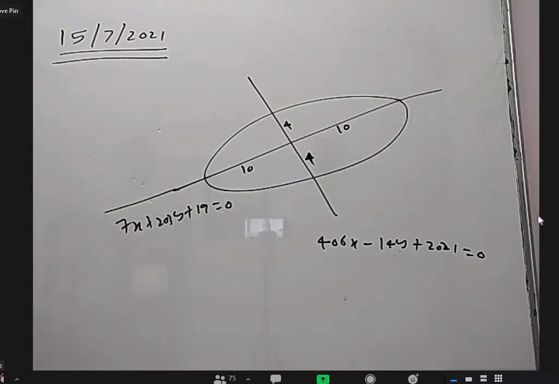Sir, we can find the point of intersection of the axes. Yeah, we can solve these two lines, we'll get the center. Yes. And we can find the focus. So how will you find the focus? Sir, we know A and B now. Yeah, we know A and B. E. Yeah, okay.